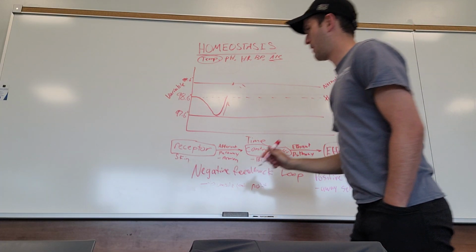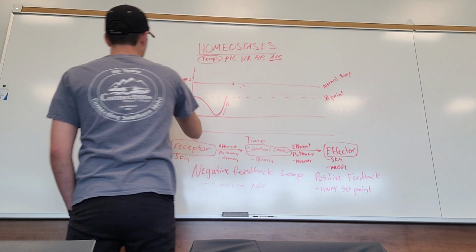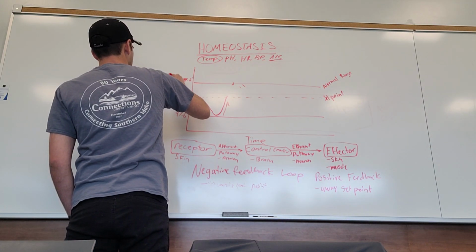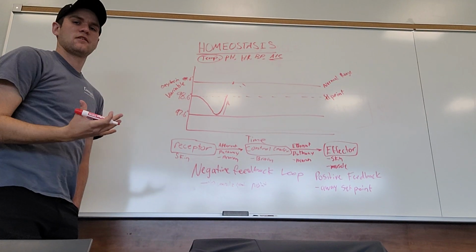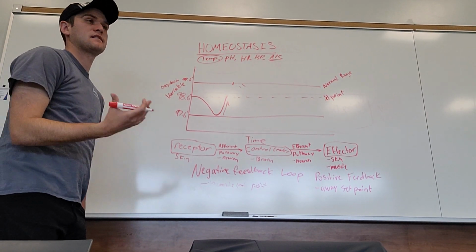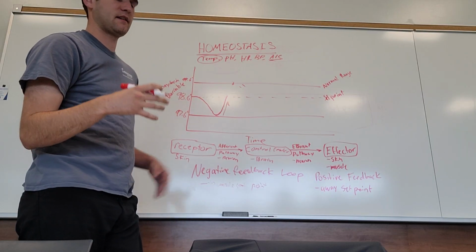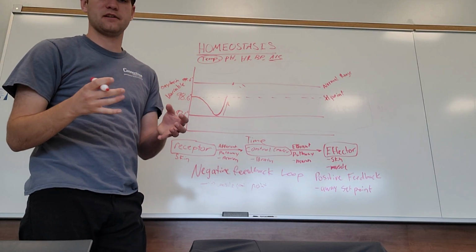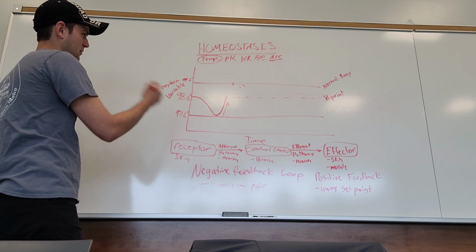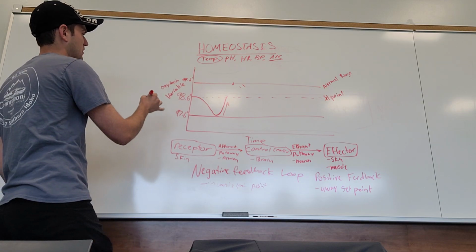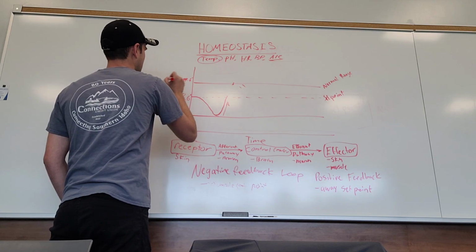Right? So our body has a hormone that's called oxytocin. And what oxytocin does is when it's secreted, it tells our uterus, or the woman's uterus, to contract. Okay. So say we're going into labor, we're starting to contract, we're starting to produce lots of oxytocin.